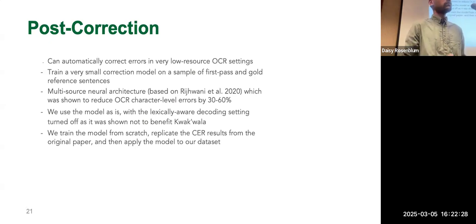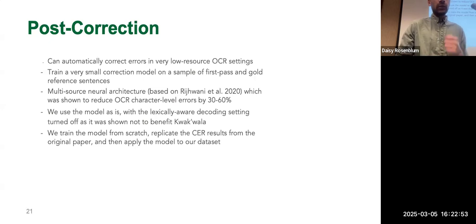We use this model specifically because it's shown to improve the character error rates by 30 to 60% for Kwakwala. Like Daisy mentioned, from one of them, we ended up with single-digit error rates. We use the model as is. We don't use some of the modifications made for other languages in her paper that didn't end up working really well for a polysynthetic language like Kwakwala.